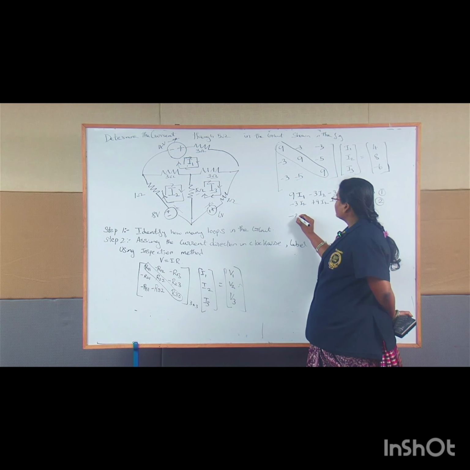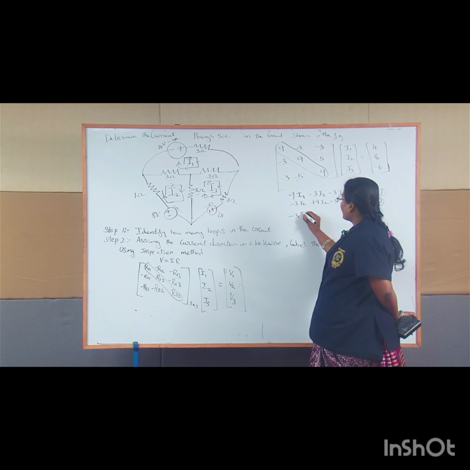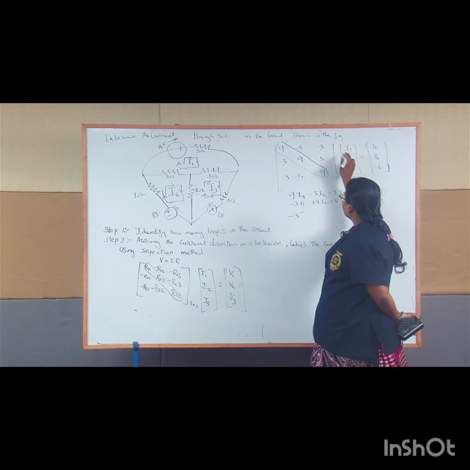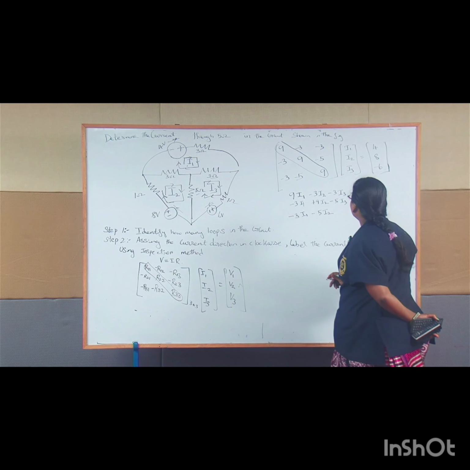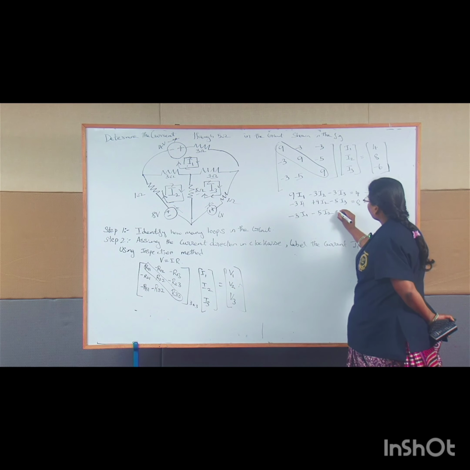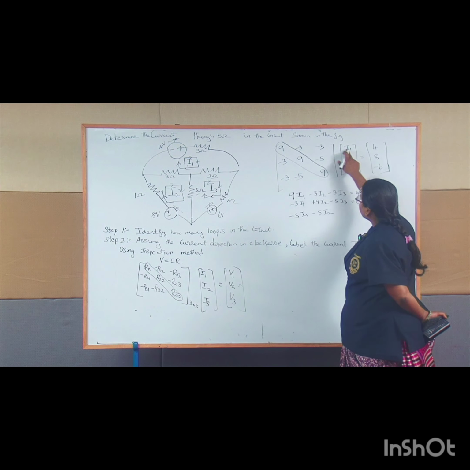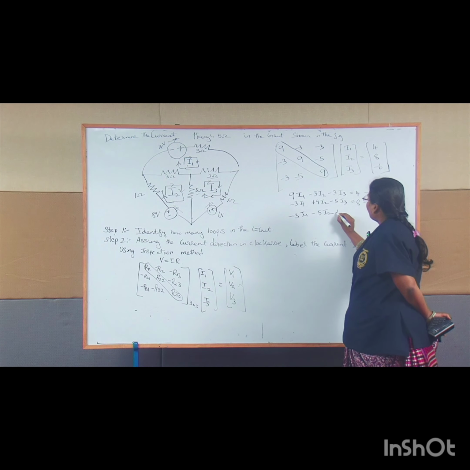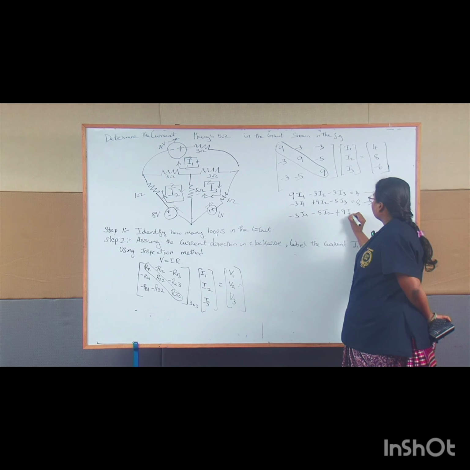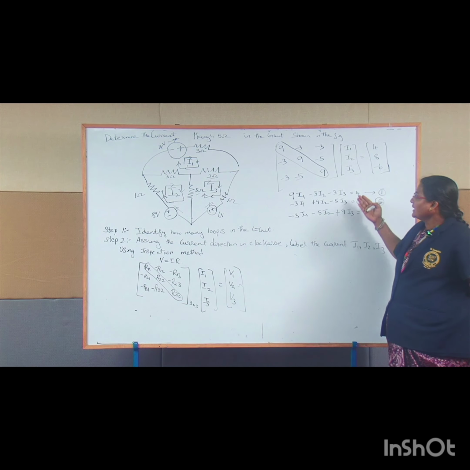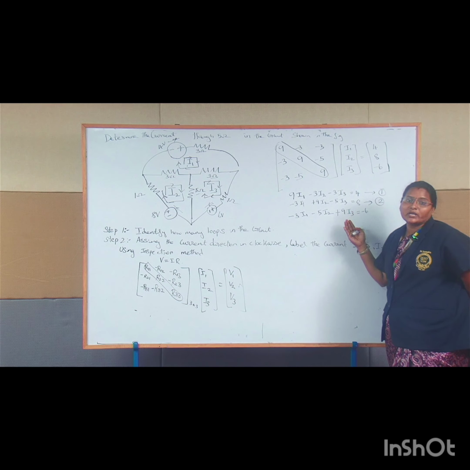Then minus 3I1 minus 5I2 plus 9I3 equal to minus 6. Now you got the three equations, a system of equations.